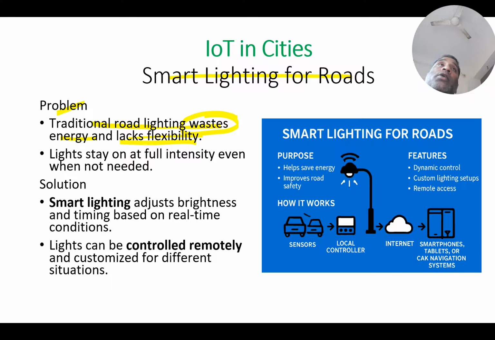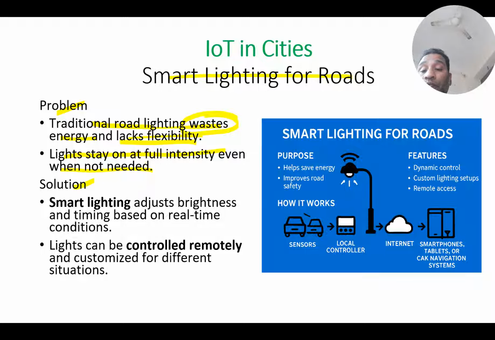And the daylight will come in the winter season at morning 7 o'clock. In summer, at 7 o'clock it will get dark, and in the morning 5:30 itself the daylight will start, right? So these are the flexibilities, right? So this confuses when to switch on the light, when to switch off the light. A person has to go manually, right? Light stays on full intensity even when it is not needed, right?